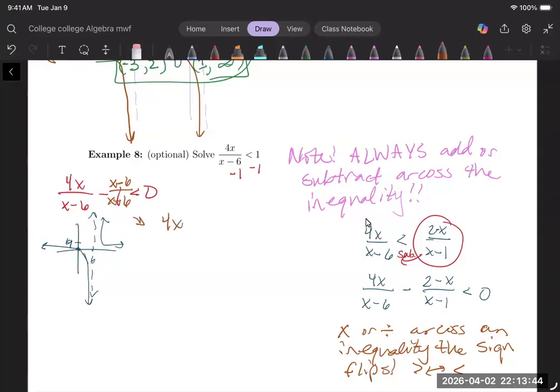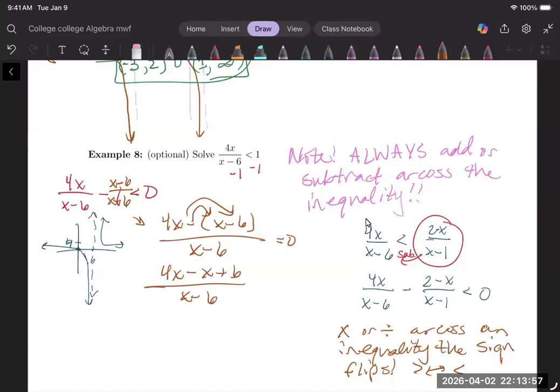So then this is 4x minus x minus 6 all over x minus 6 equal to 0. Distribute the negative. So 4x minus x plus 6 over x minus 6. Okay, so it's 3, not 4. So 4x minus x is 3x plus 6 over x minus 6.